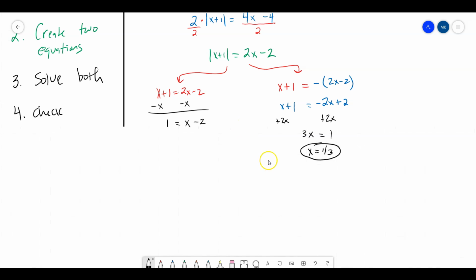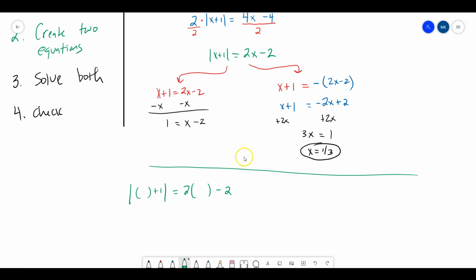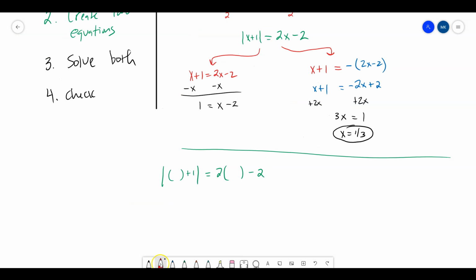So we're going to do that one in green here. I'm going to check basically this x plus 1 equals 2 times x minus 2, that one right here.